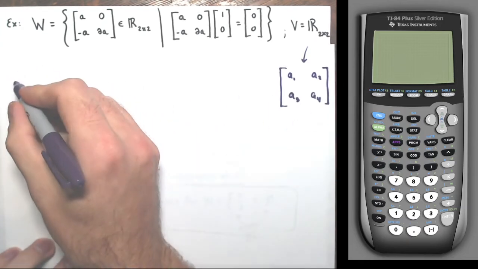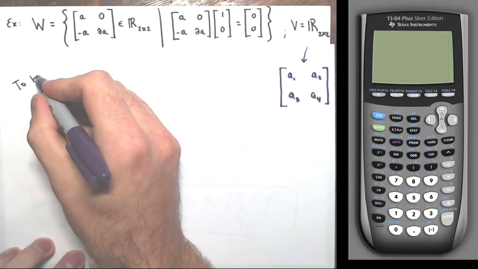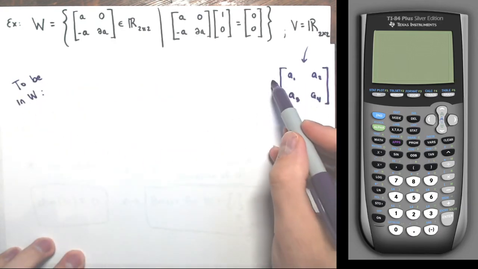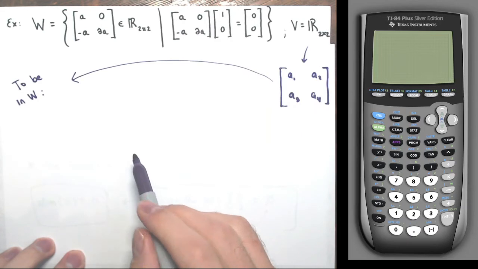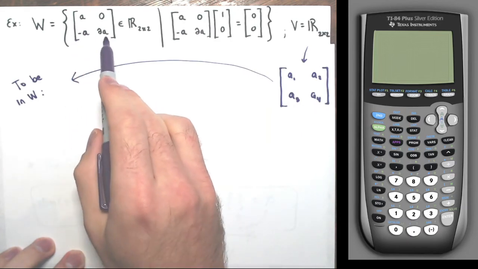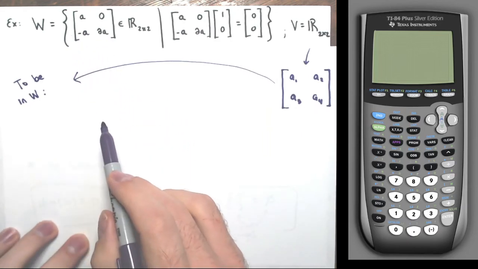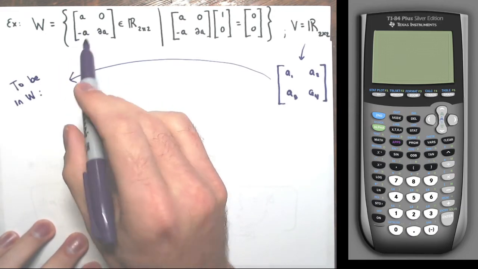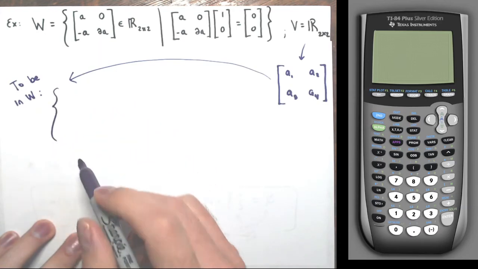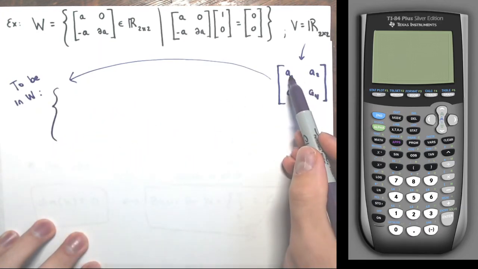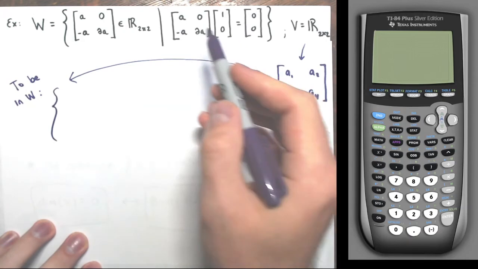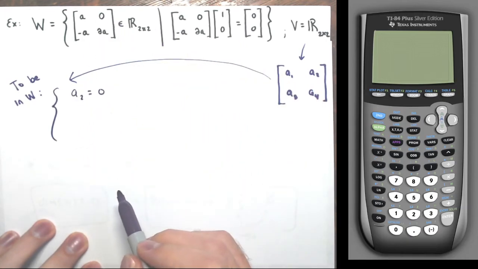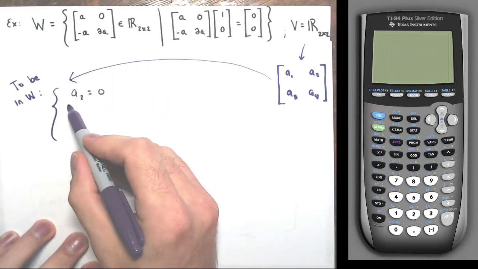But for this to be in W, we'd have to have the following things be true. Let's say I stick A1 to where it is. A2 would have to be equal to 0. A3 would have to be the opposite of A1.